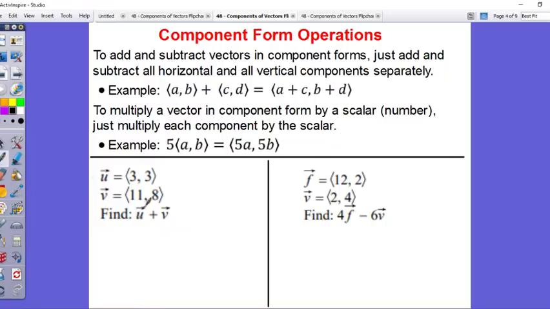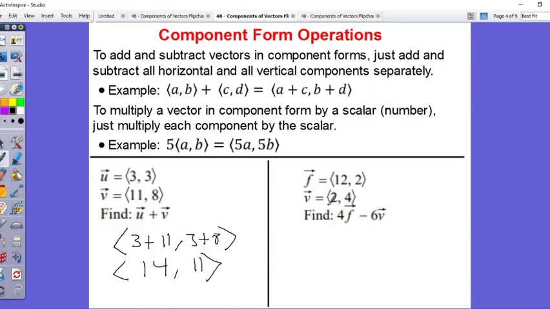So to find u plus v, the vector would be 3 plus 11, comma 3 plus 8, which would give us 14, comma 11. That would be adding the two vectors.